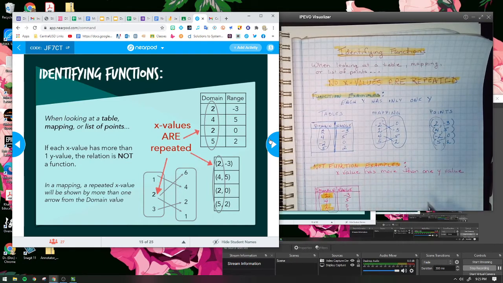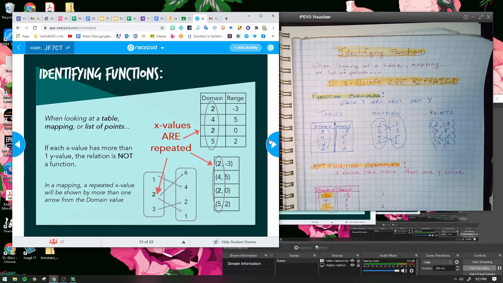Now with the mapping, I've got 1, 2, and 3. These are the x values, and my y values are 6, 4, 2, and 1. When we're mapping, we need to draw a line from each x value to whatever it relates to.